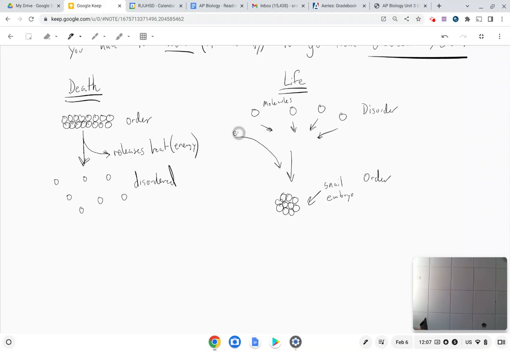This requires energy. It requires energy to go from disorder to order, whereas with death, going from order to disorder releases energy.